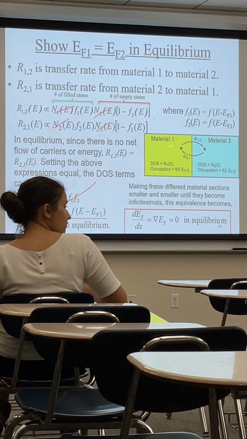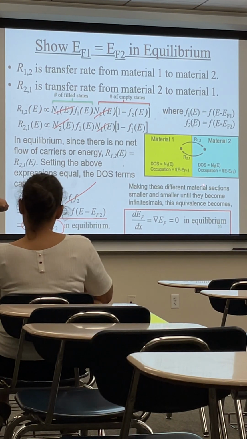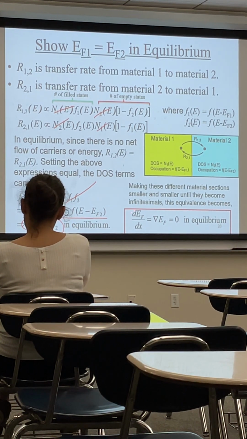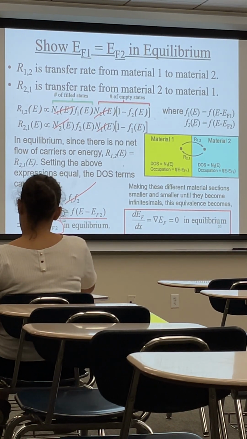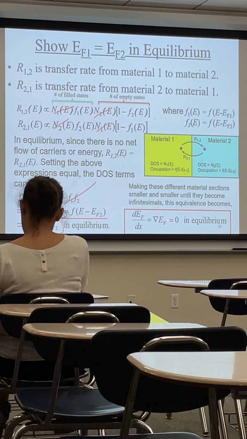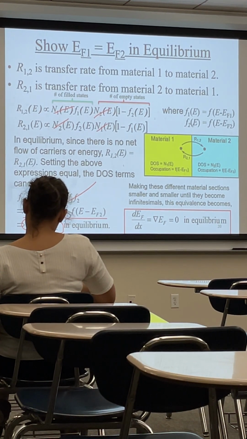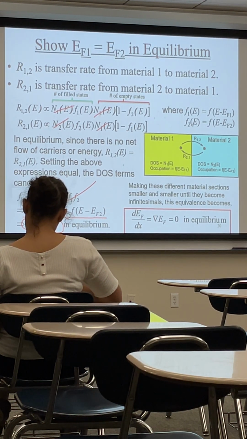That's two materials, and again, we can make these different material sections smaller and smaller, and then this equation will become something like this. So dEF over dx, the gradient in the Fermi level, equals 0 in equilibrium. This is a very important conclusion, and we will use it a lot when we study the band diagram.